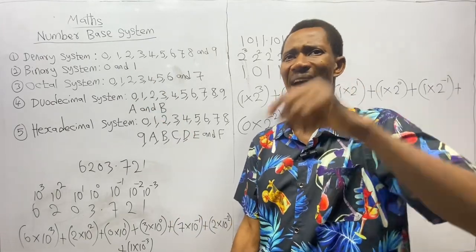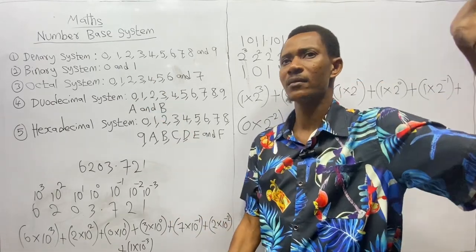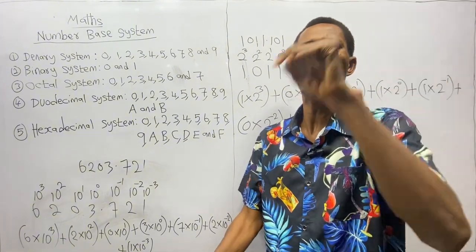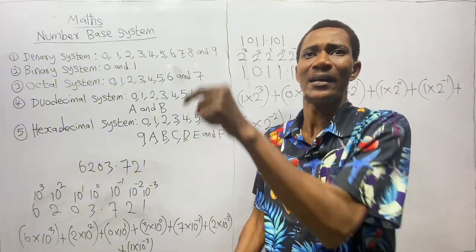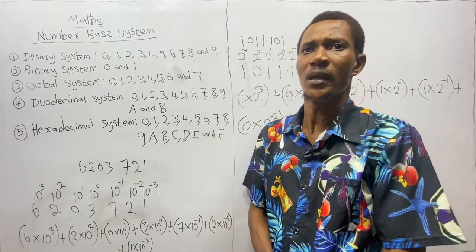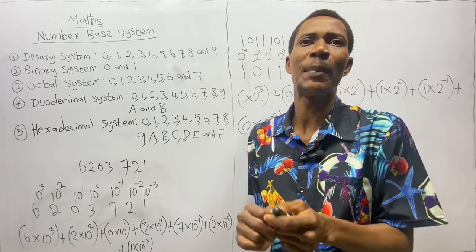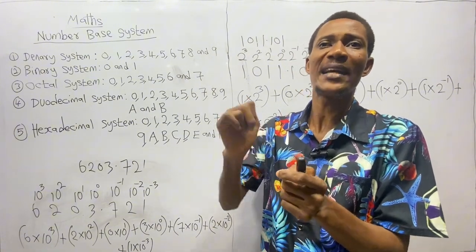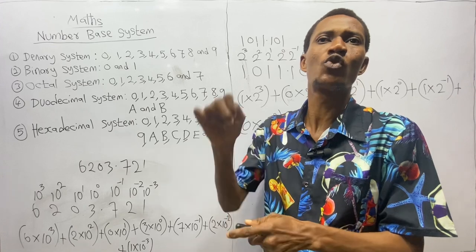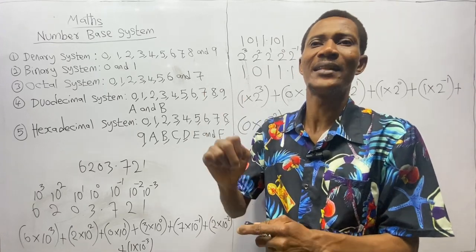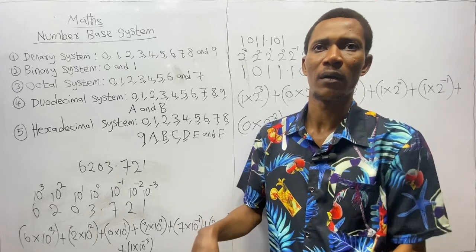So also the highest digit in base 3 will be 2, 1 less than the base number 3. So if you have a number given in a particular base, the highest digit in that number should not be equal to or greater than the base number.